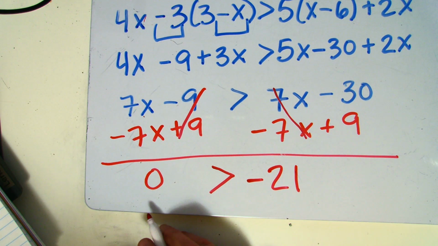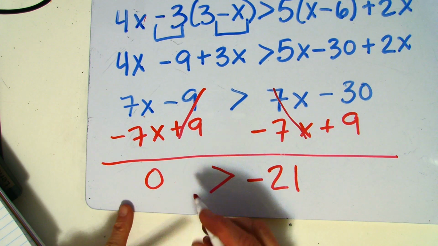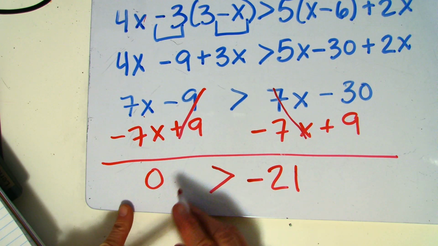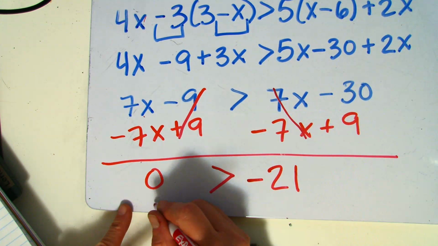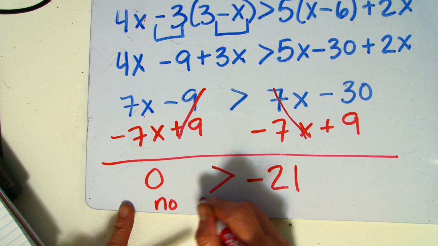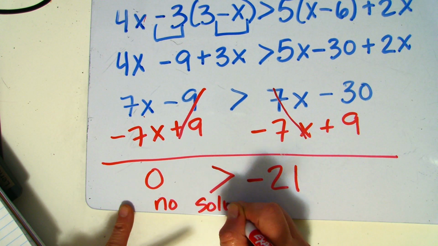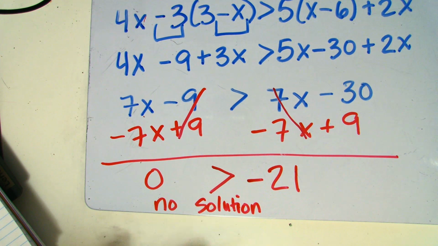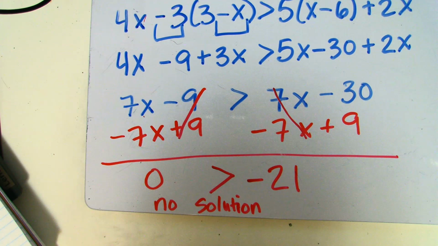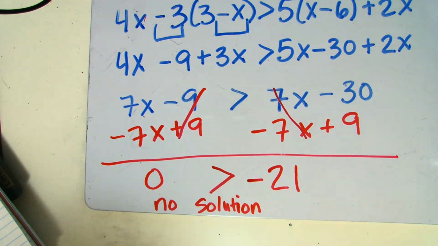Well, this is what's considered a false inequality or not a solution. If you come up with this where you lose your variable in the process of simplifying, this means that there's no solution to this inequality. And so you would write no solution, and you wouldn't be able to graph it.